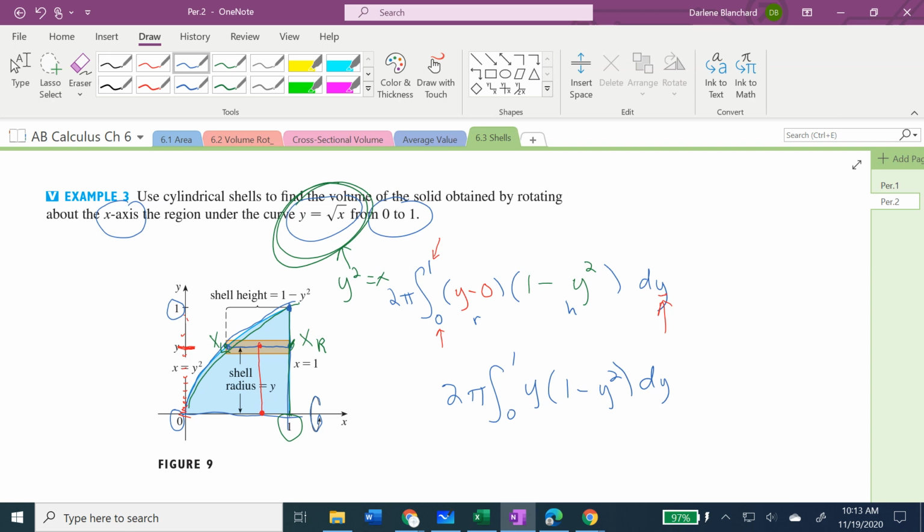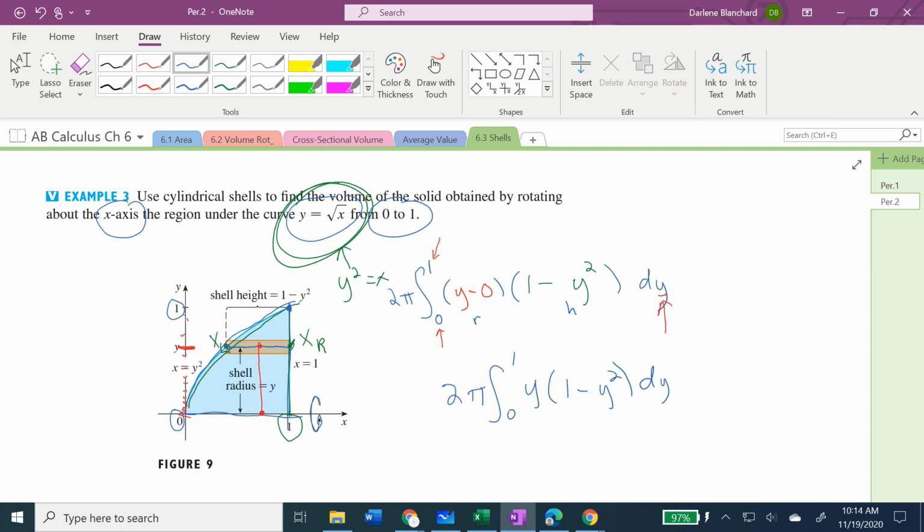It's the same height that we used for the radius of the disk method. And it's the same height that we used in the cross sections that were creating a particular side of a shape.